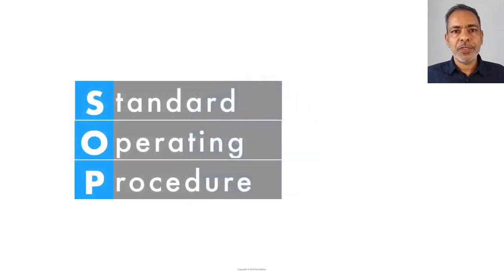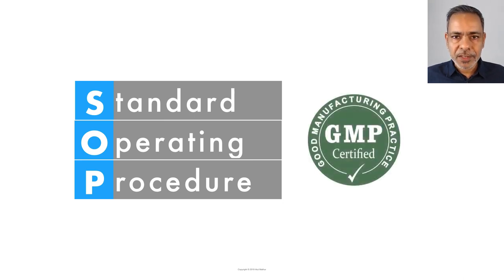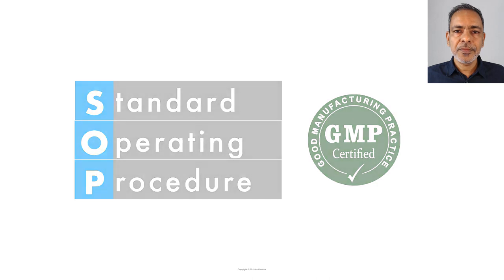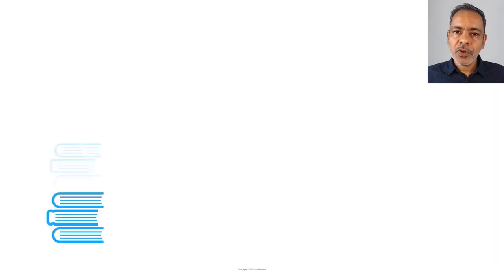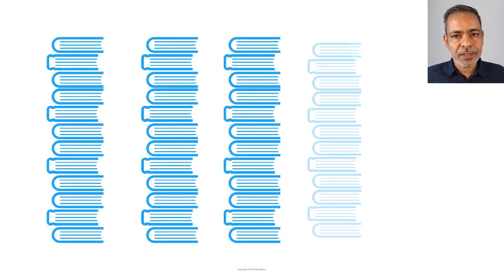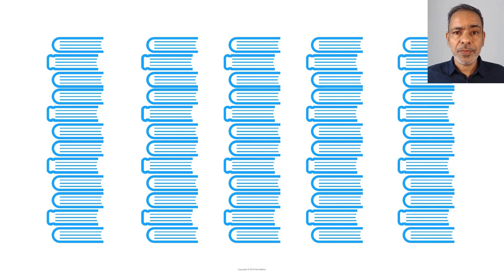SOPs are, of course, at the core of basic good manufacturing practice or GMP requirement for all pharmaceutical, biotech, and life sciences organizations. And most organizations have hundreds, if not thousands of SOPs.